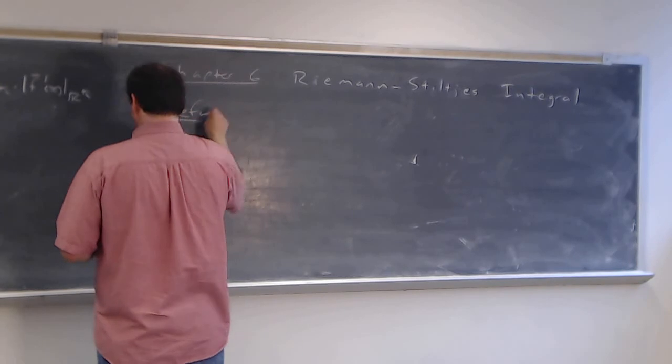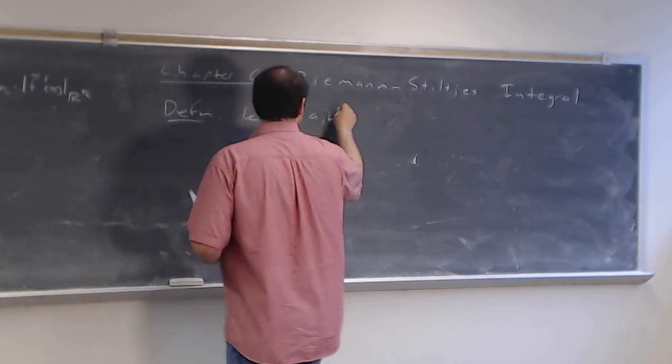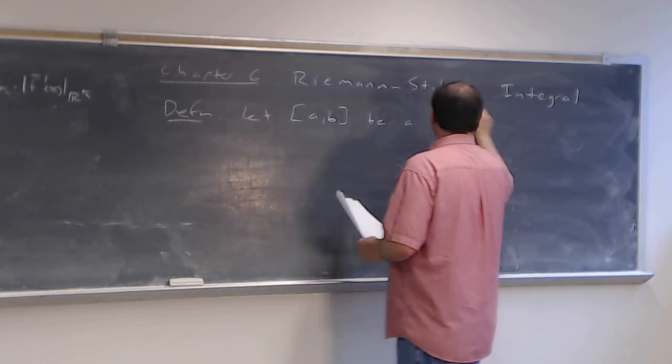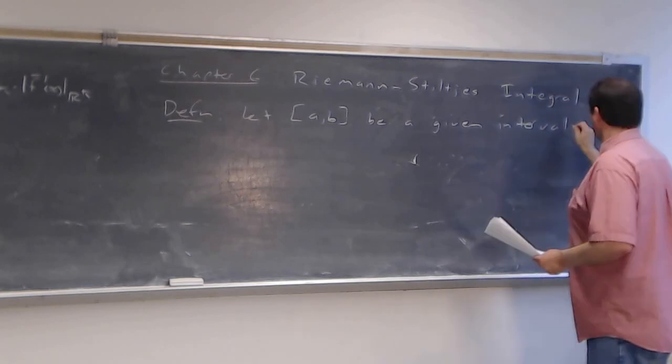So here's a definition. Let [a, b] be a given interval. The first thing we'll define is something called a partition.